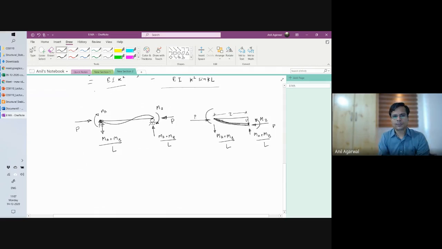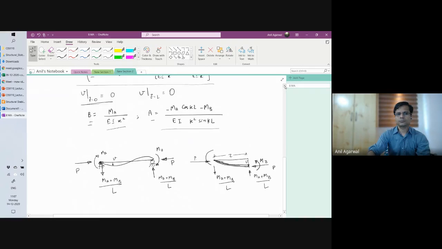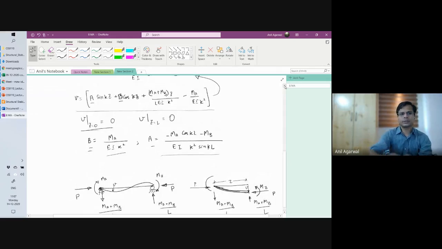In this beam, at any given location, at any given z, this is the V value, and that V value is given by this expression here.